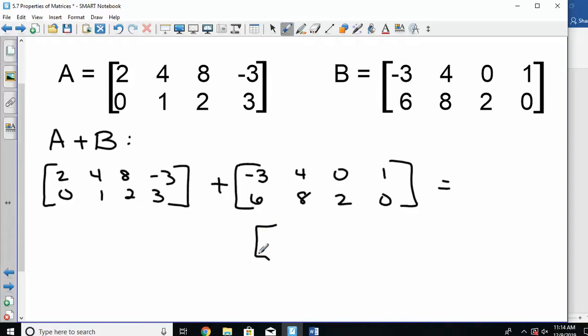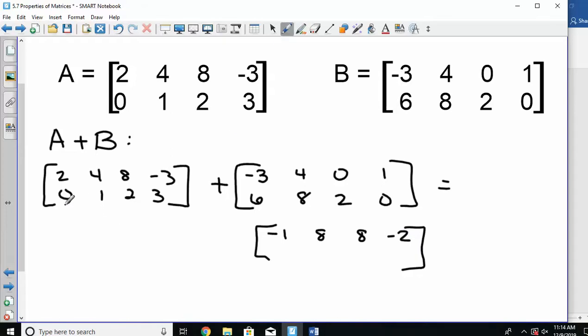Yeah, you're just going to add up the corresponding entries. So you would do 2 plus negative 3. Negative 1. Moving on row 1. So 4 plus 4, 8. 8 plus 0. Negative 3 plus 1.